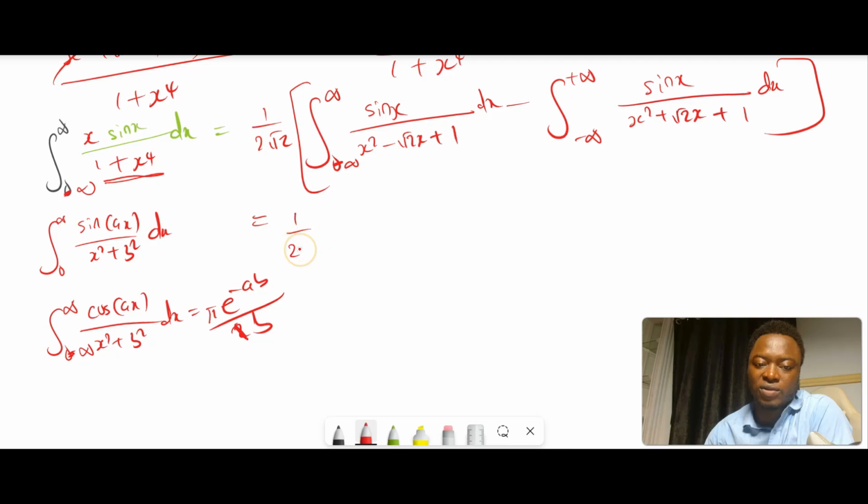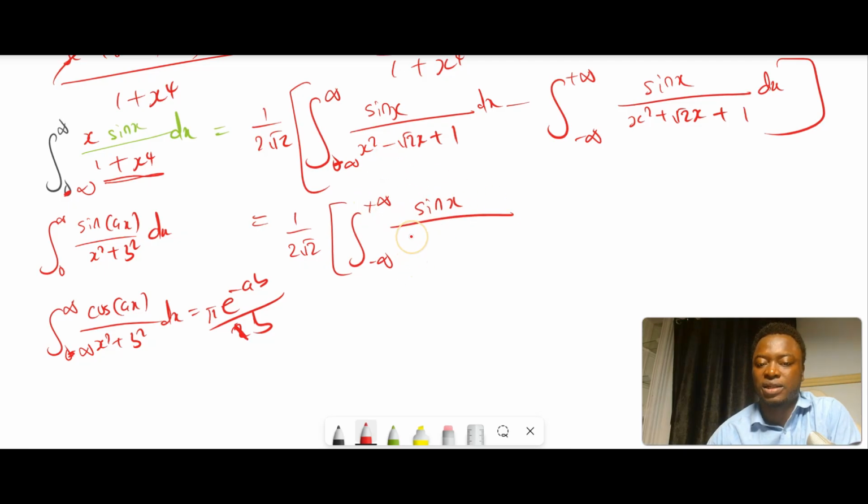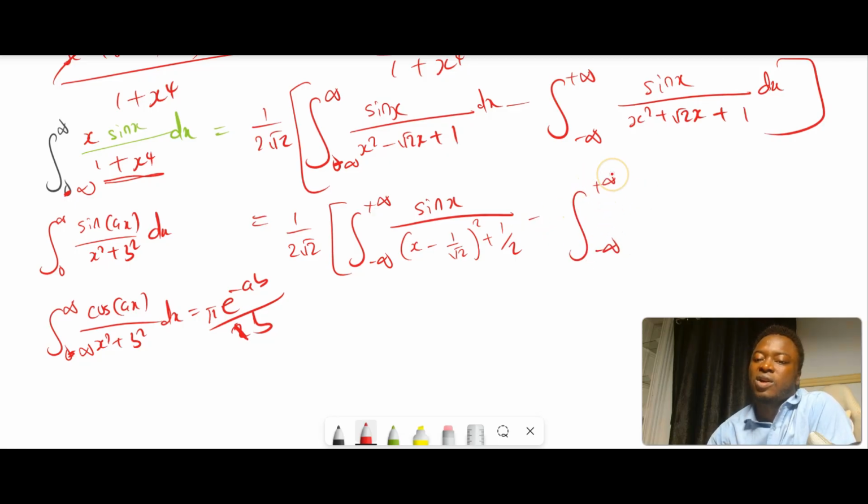So we have 1/2 times square root of 2. For this part here, you have the integral from negative infinity to positive infinity of sine of x divided by, for the bottom part here, x minus 1/square root of 2, I believe so, because if it's squared, you have an x squared minus 2 square root of 2x, and if you take the square now, you have a 1/2, so we have to add a 1/2 here, minus the integral from negative infinity to positive infinity of what?